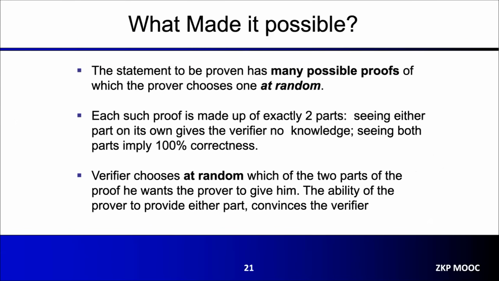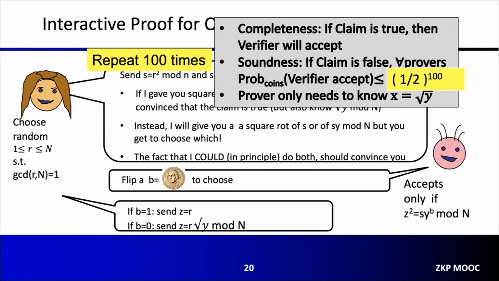So what happened here? I can convince the verifier to accept when the claim is true. It's very, very unlikely I will convince the verifier to accept when the claim is false. And I never, if you think about it, transferred the square root of x, because every time I just give him a random r, which is the square root of s, or a random r times the original x, or the square root of y.